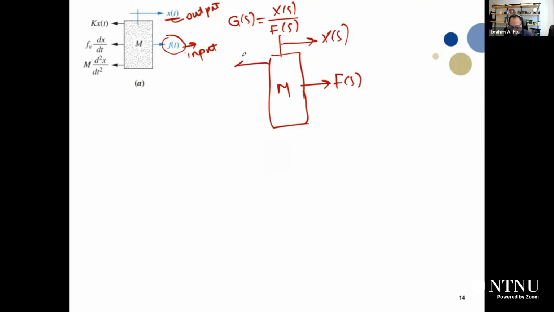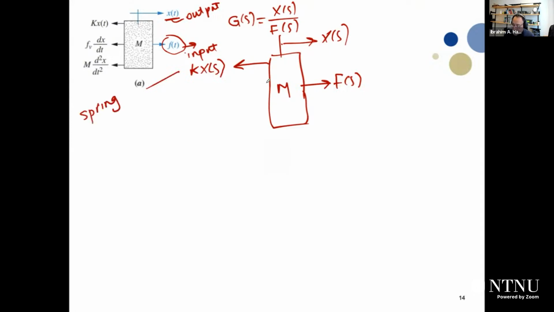One force will be generated on the opposite side by the spring. How much force? It will be K multiplied by displacement X of S. So this one will come from the spring.